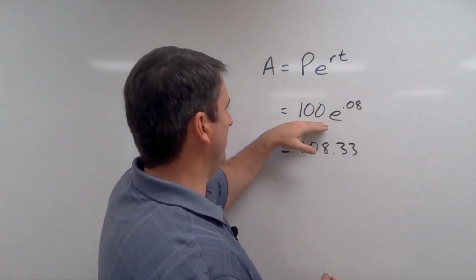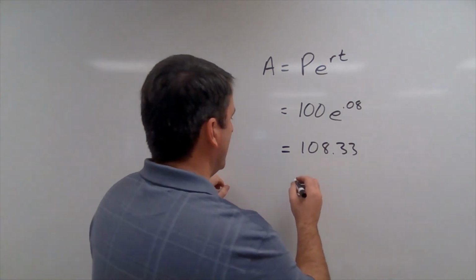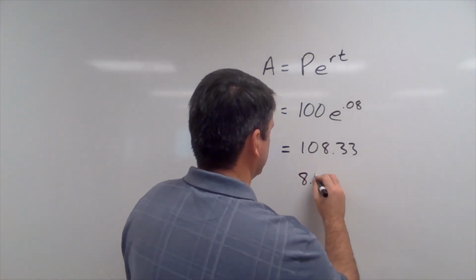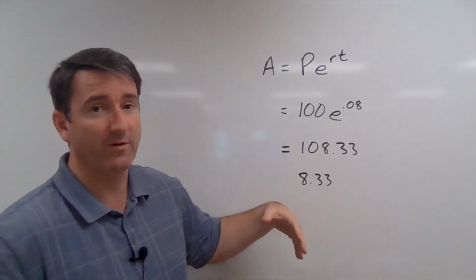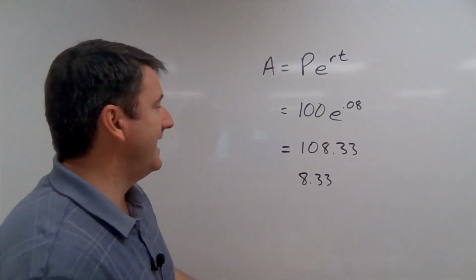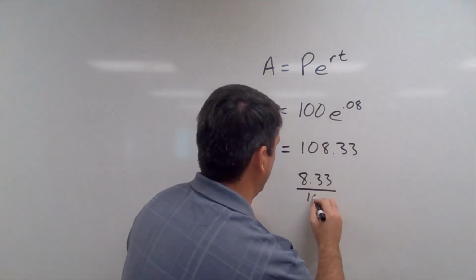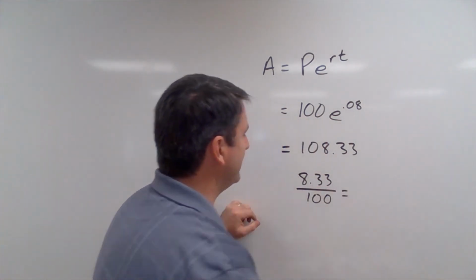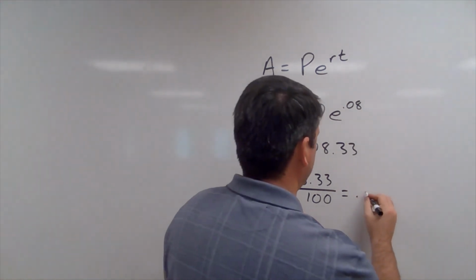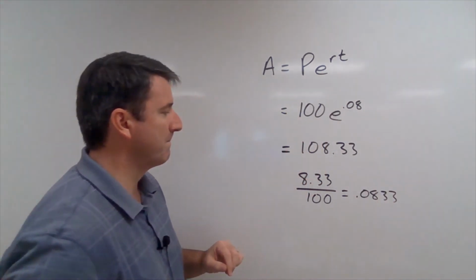And so we've started with $100, we now have $108.33. So we've earned $8.33 in interest. Now we're going to divide this by the amount we originally put in there, so $100. And that's going to give us 0.0833.